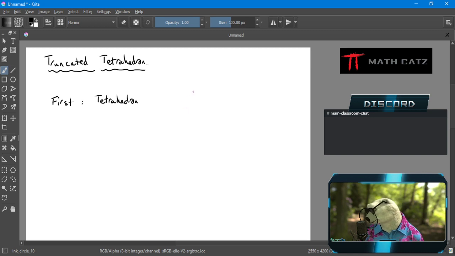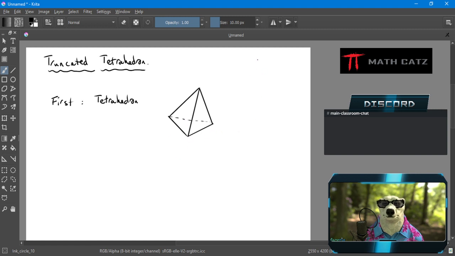So for the tetrahedron, I have to draw it first to help myself. And I'm going to draw it this way so that I can see a vertex.